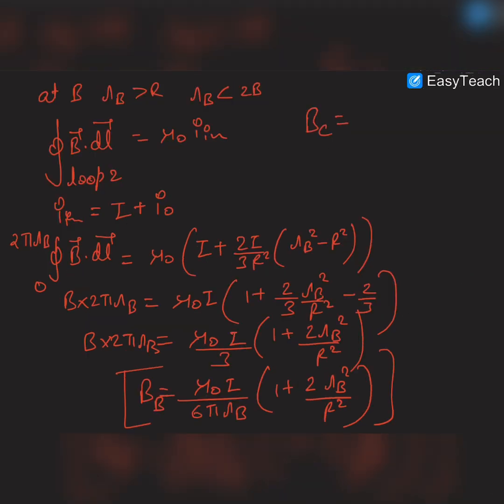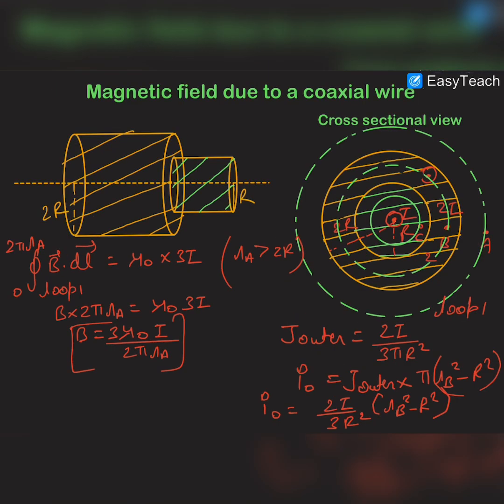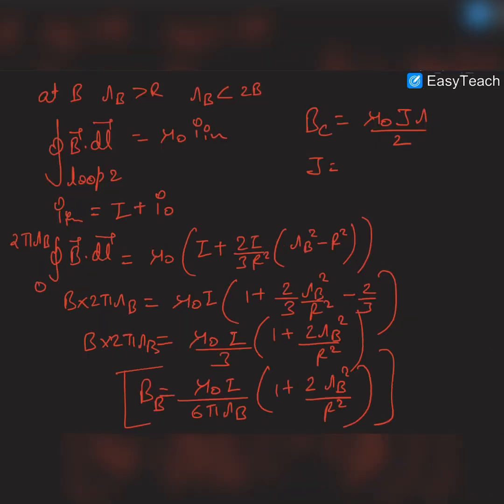It would be equal to mu naught J R by 2, where J is the current density of the inner wire, I upon pi capital R square. So B at C will be equal to mu naught I R by 2 pi R square. This is the magnetic field at point C.